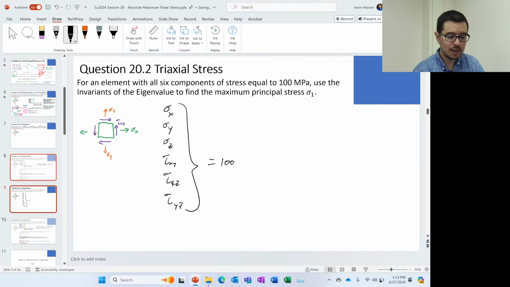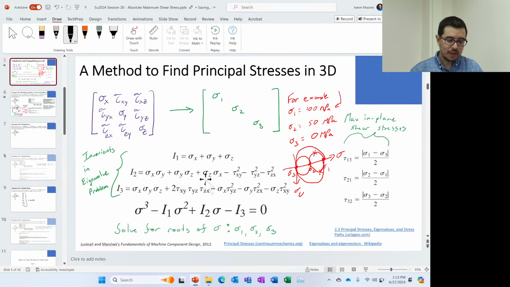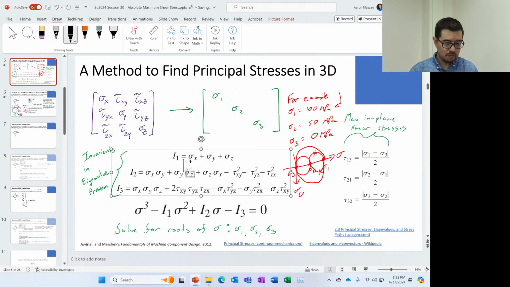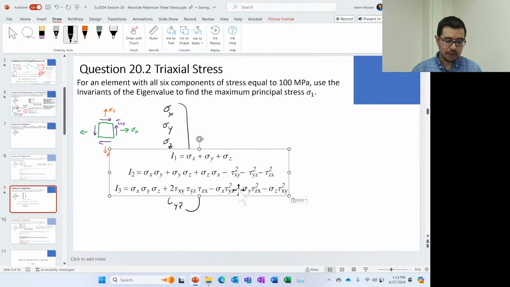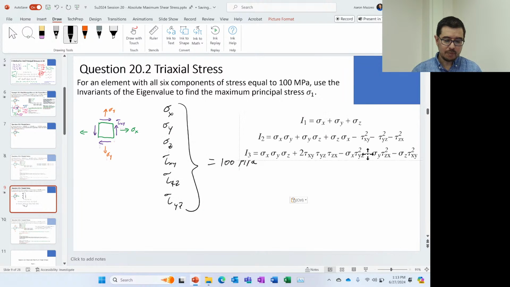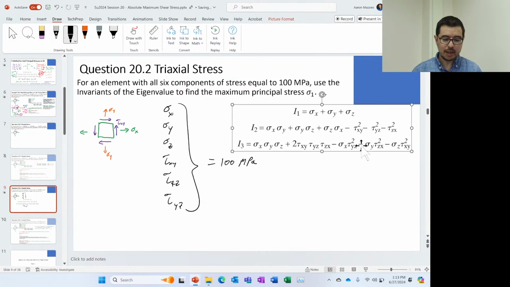Mine was like 92. Okay, but anyway, everyone has this kind of number, and so the process is to go about and calculate out these values.